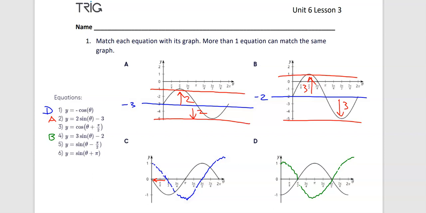So if I look for an equation that has pi/2, and this would be a cosine graph, very similar to the green graph I mapped in problem D, that would mean that problem 3 should be graph C.